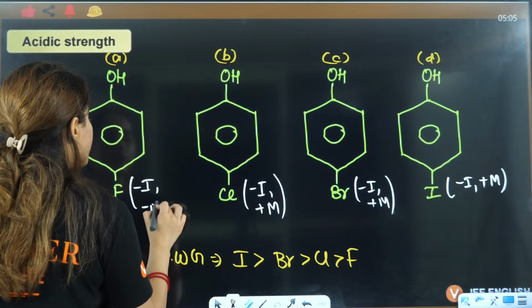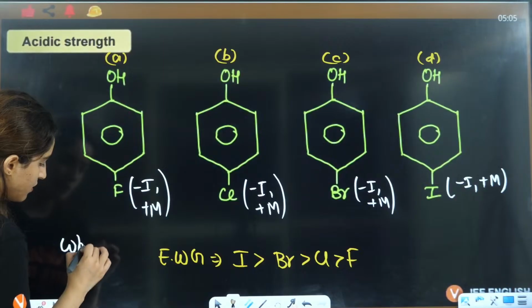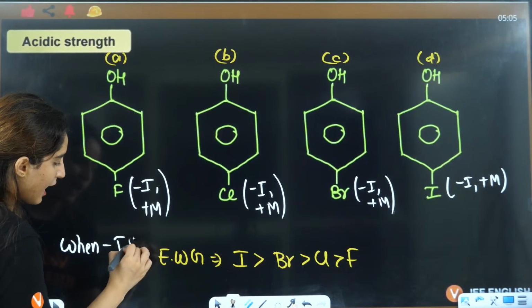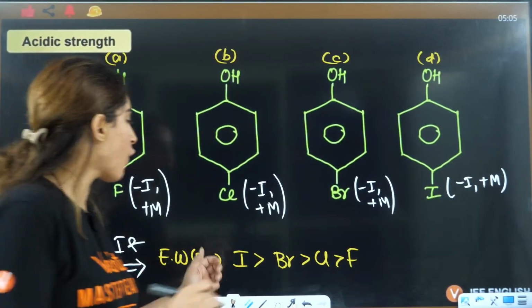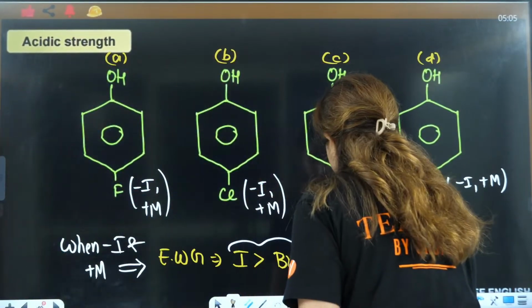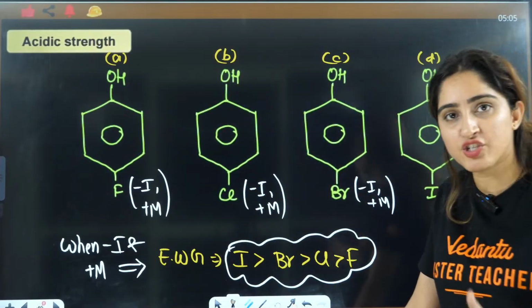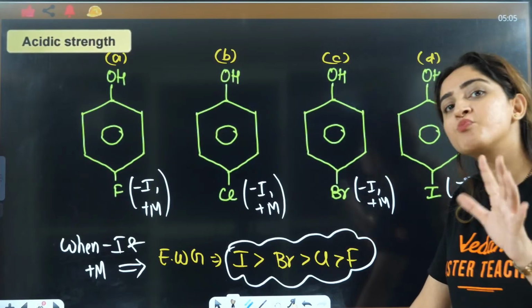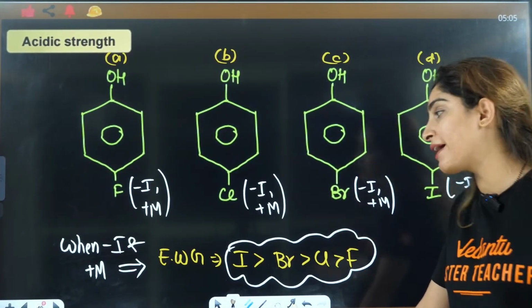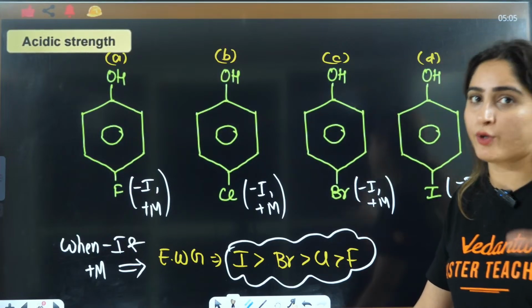Do you remember when I told you that when minus I and plus M both are valid, then the overall electron withdrawing nature will be this order. Because minus I is more dominating, but the overall effect will give it like this. This is a very important question. Usually students do it wrong.